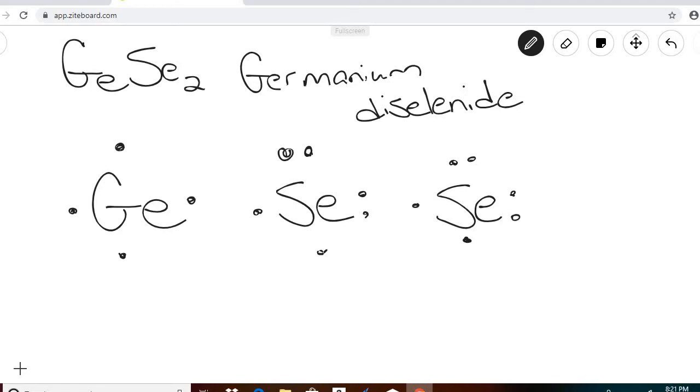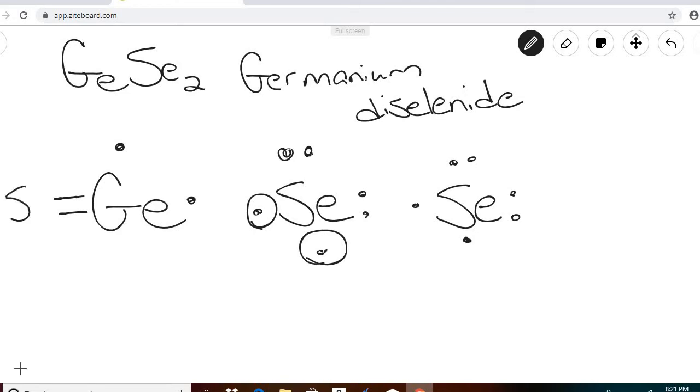Okay, so what we can do with this one is we can take these 2 unpaired and these 2 unpaired and put them on one side of the germanium. So we'll draw it, it'll be a double bond because they each have 2 that are unpaired.